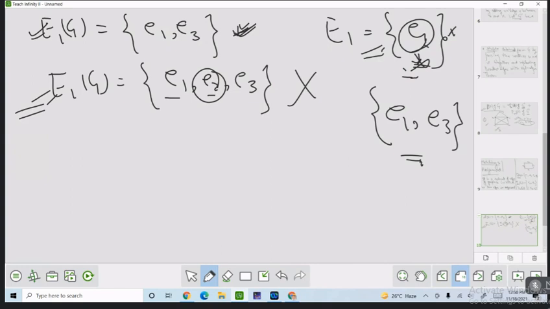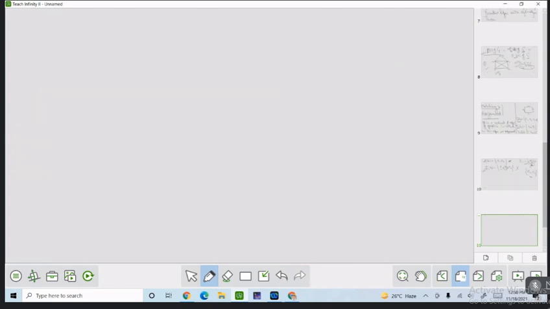Our next topic is matching and covering. Next one is covering. What do you mean by covering? You know the meaning of covering? Let me write the covering.